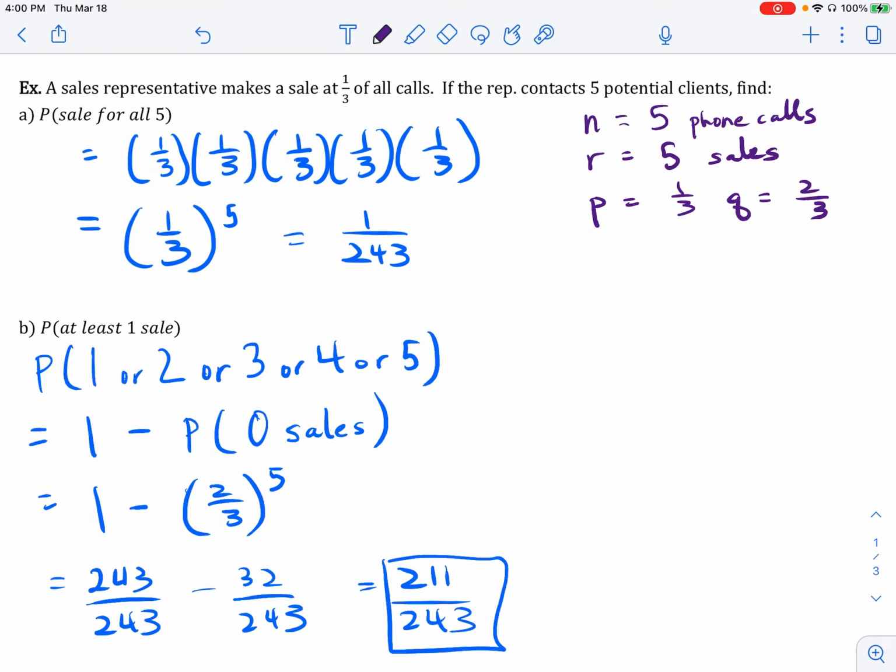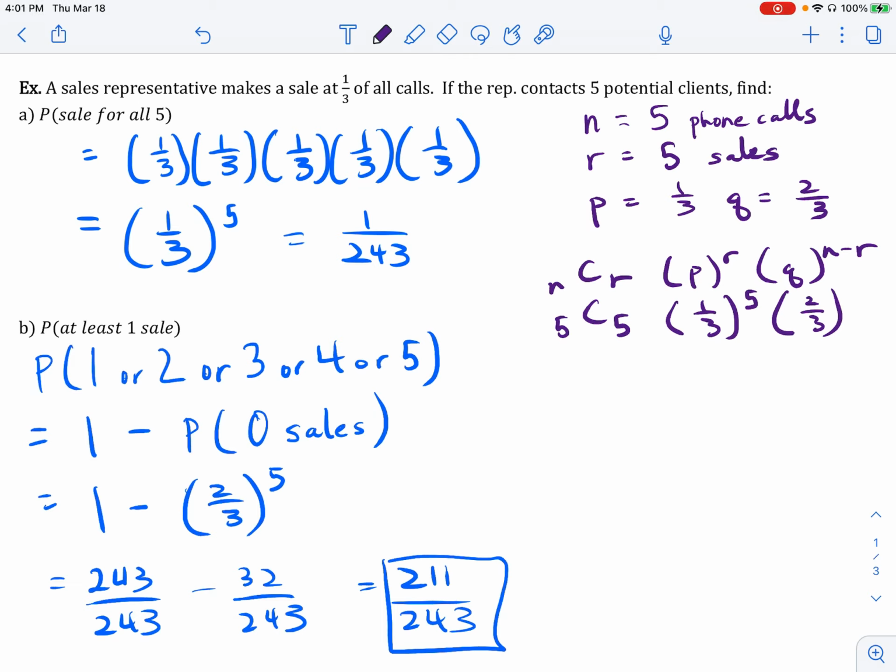So how could I use binomial probability here? I would say my n choose R would be 5 choose 5, which is just 1, times P to the R power times Q to the n minus R power. In other words, this would be 1/3 to the 5th power, and Q was 2/3.